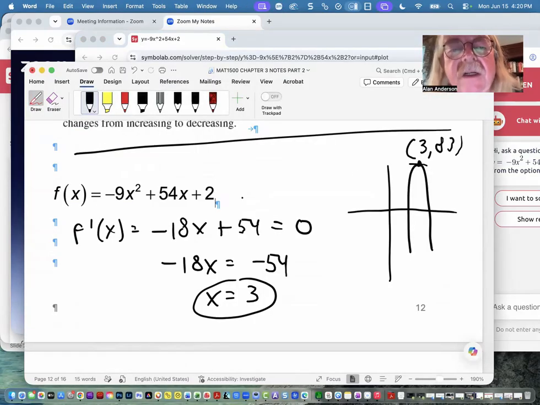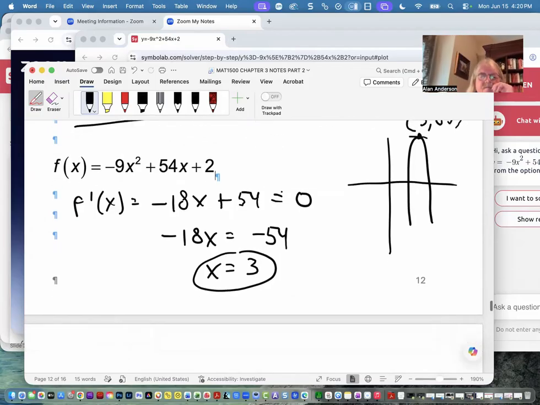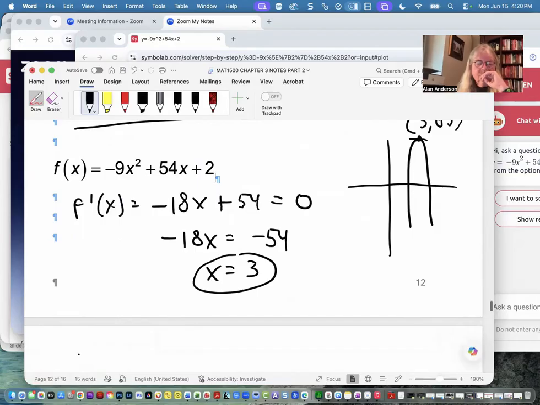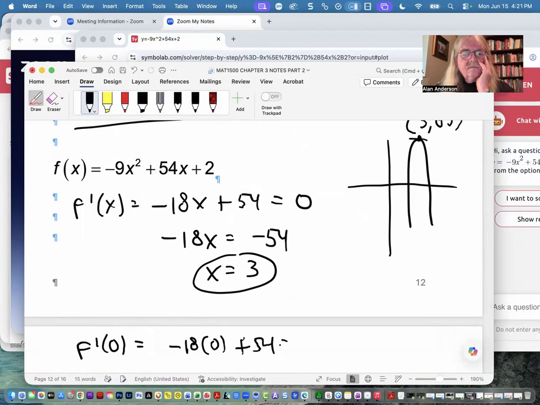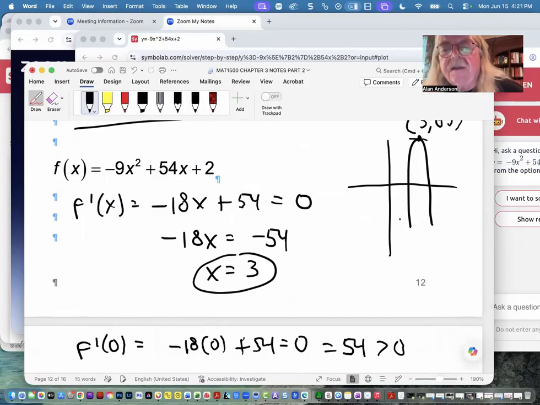So now we're going to check the first derivative's sign to the left of 3 and to the right. So let's do 0 on the left-hand side. Okay, so just as we expected, the slope is positive to the left of 3.